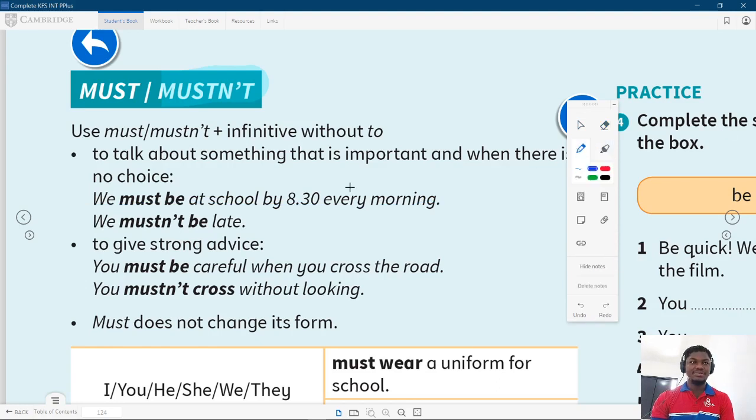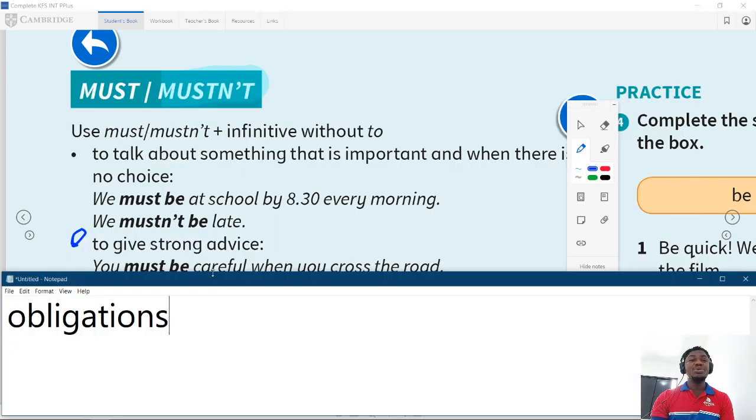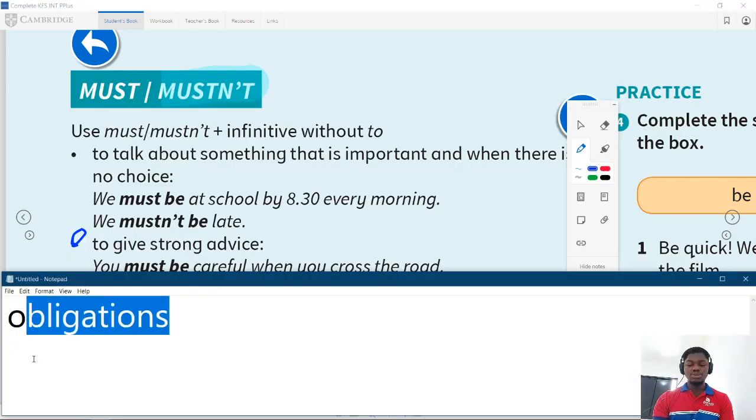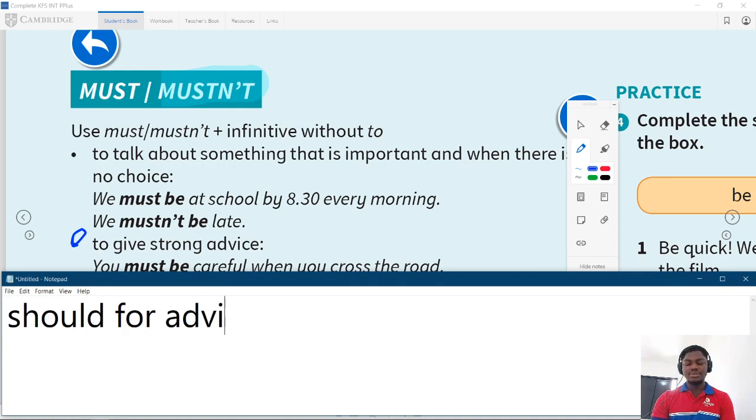All right. Another use of must is to give strong advice. Remember we used should for advice, but should is for just normal advice, while must or mustn't is for strong advice.